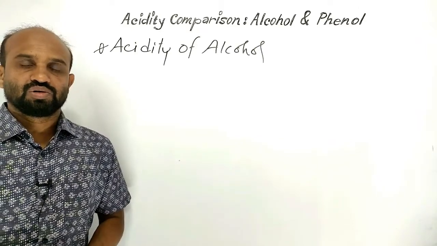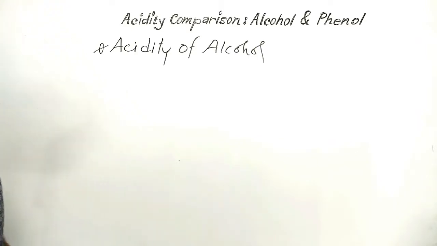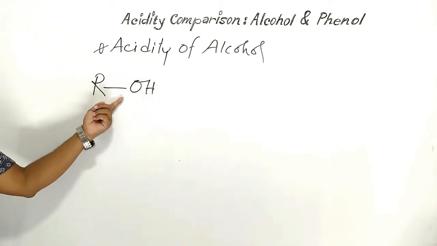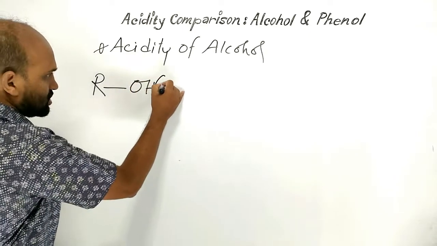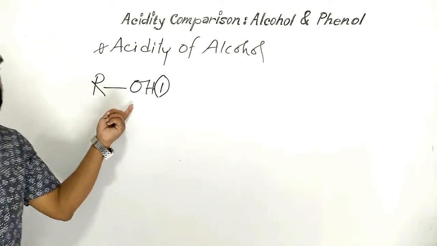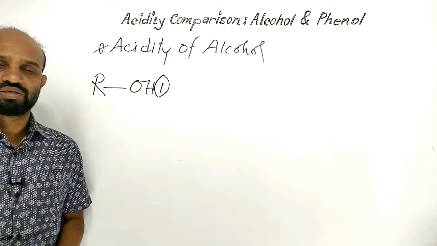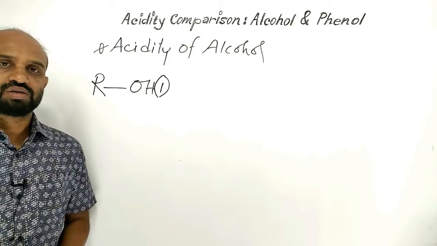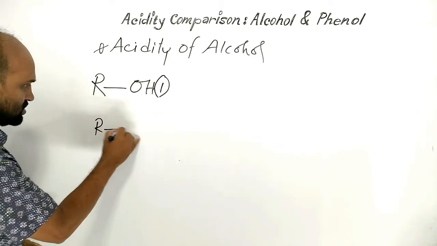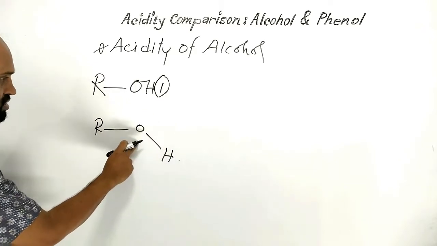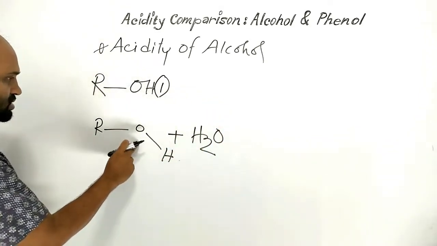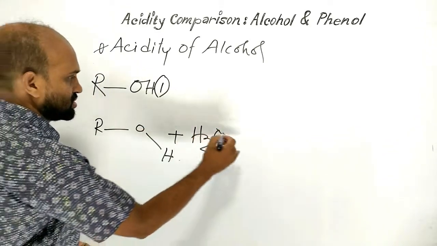Firstly, let's try to know about the acidity of alcohol. The general formula of alcohol is this, which is liquid at normal state, that is ethanol. Generally, alcohol means ethanol. Now let's see whether ethanol is acidic or not. When this ethanol is dissolved in water, let's see what happens.